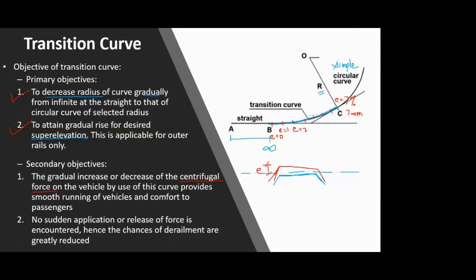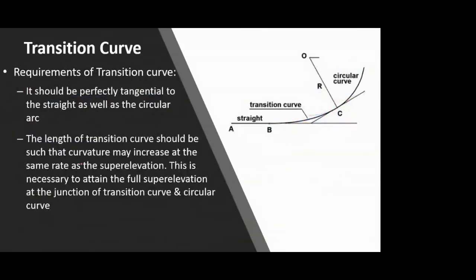So depending on that, you will be having the increase or decrease of centrifugal force, and there should be no sudden application or release of force. So for that also, this transition curve helps. If you don't have a transition curve, there will be 100% derailment of your railway. So these are the primary and secondary objectives of your transition curve.